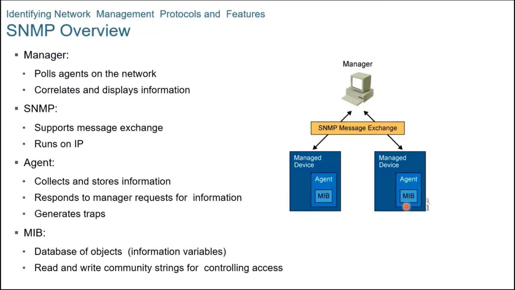The management agent collects data and stores it locally in the MIB. The MIB is basically the storage or the database of objects about the device. Now, community strings, which are similar to passwords, control access to the MIB. To access a set of MIB variables, the user must specify the appropriate read or write community string, otherwise access is denied.